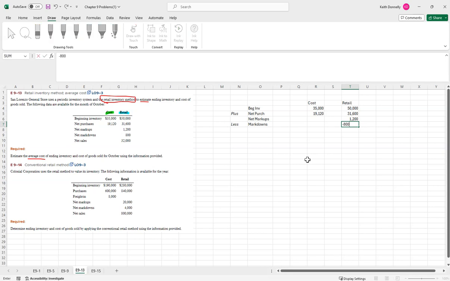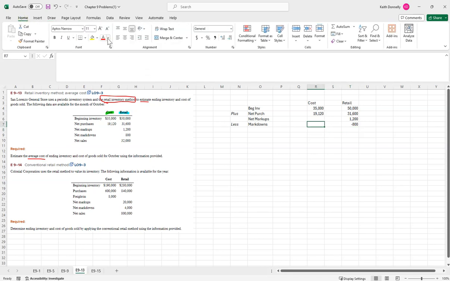I'm just going to put -800 because it's a markdown. If we temporarily sum these, beginning plus that, we're looking at 54,2. Beginning plus those, I have a plus symbol there, but it's really a negative because it's a markdown. We're looking at 82,000.